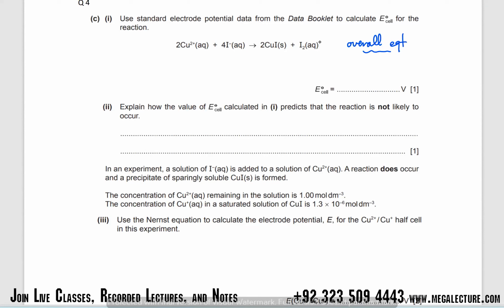Is it copper electrodes? No, but which one? There's a specific electrode, right? This is copper 2 plus and copper plus 1. So it's the copper 2 plus, copper plus 1 electrode, right?